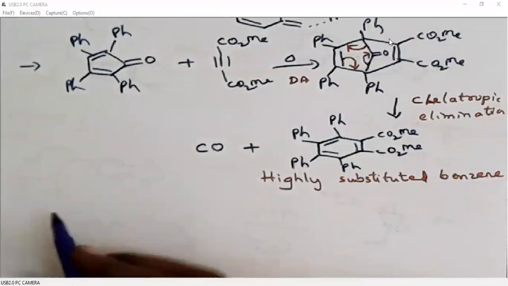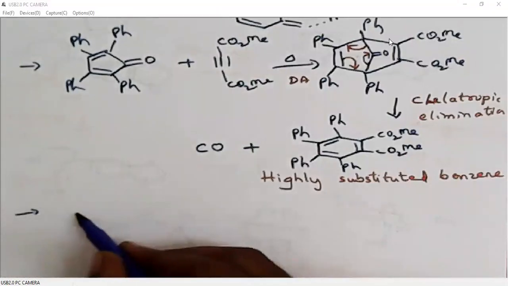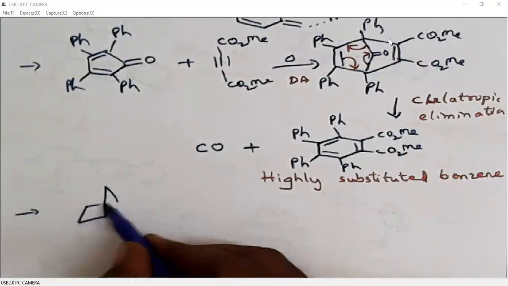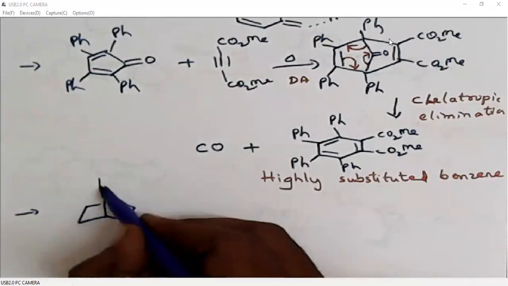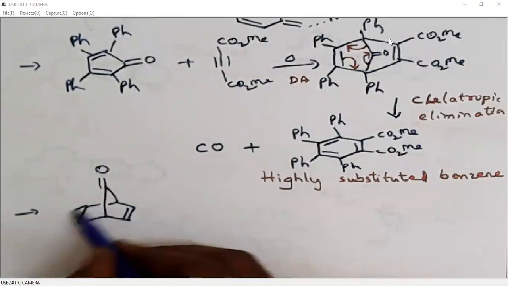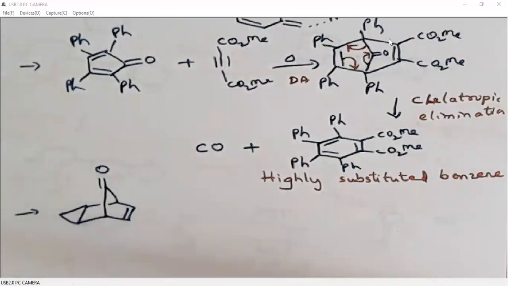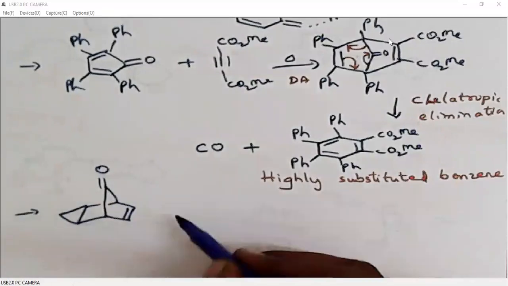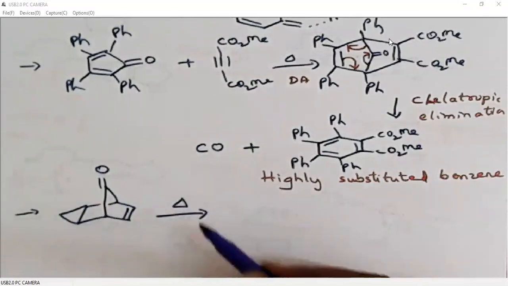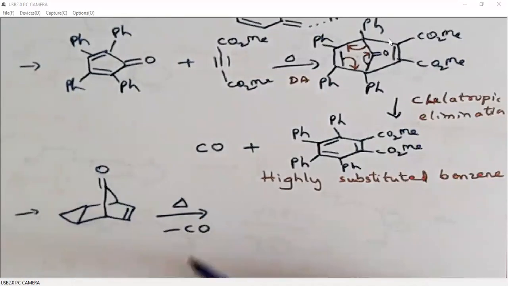I'll give you one more example where this carbon monoxide cheletropic elimination is possible. When we have this type of system, this bridged carbonyl can be eliminated under cheletropic elimination conditions.